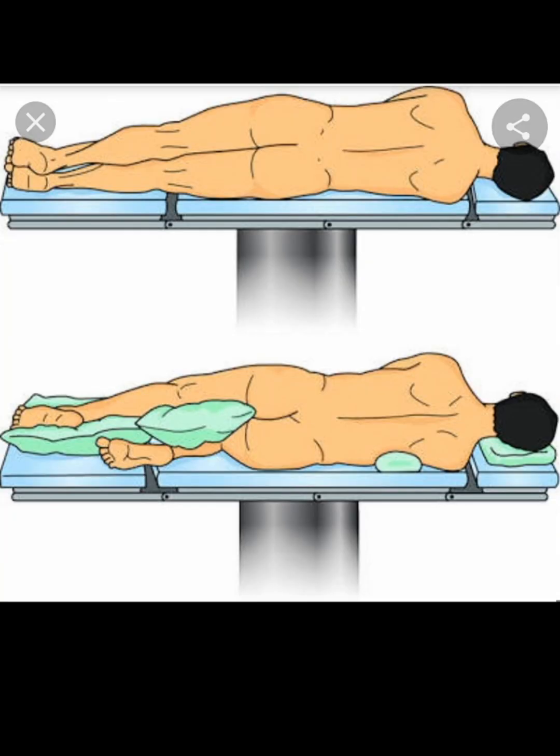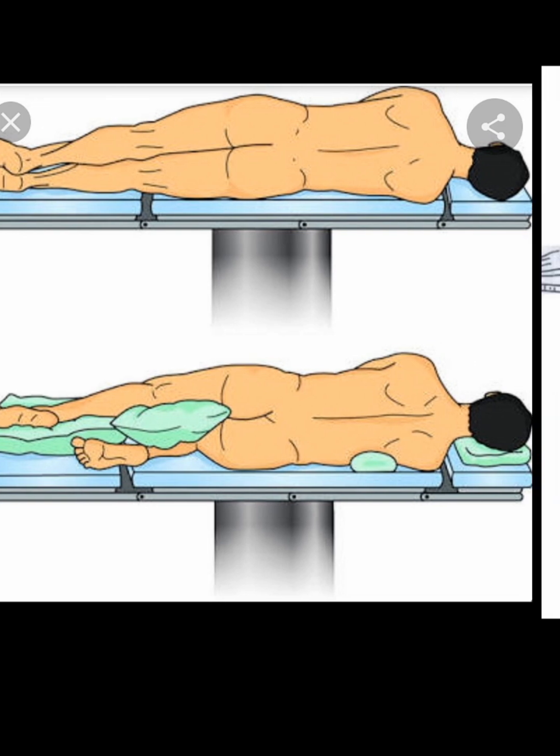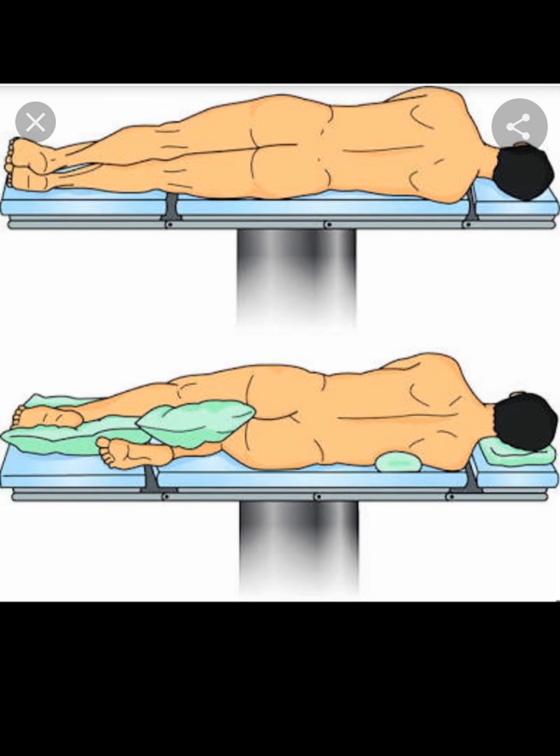Next one is the lateral position. In the lateral position, we can use right lateral or left lateral. That means position the patient on the non-operative side with air pillows. We have to provide support on the side, between the knees and under the head. According to the surgery and the surgeon's comfort, we have to provide the support.